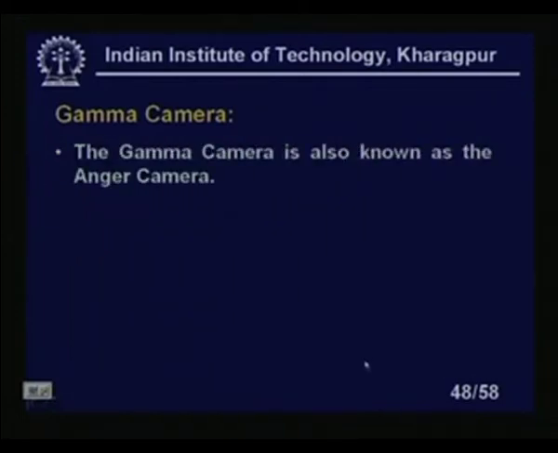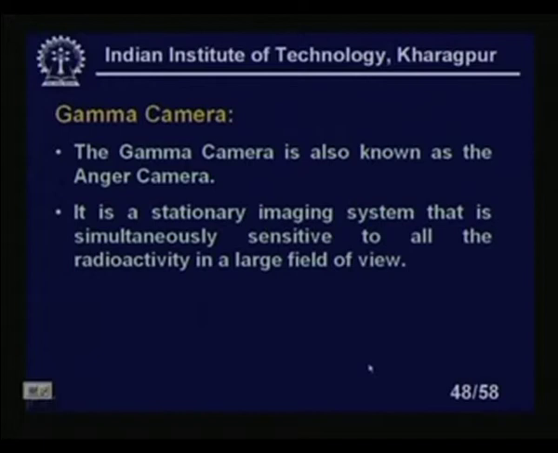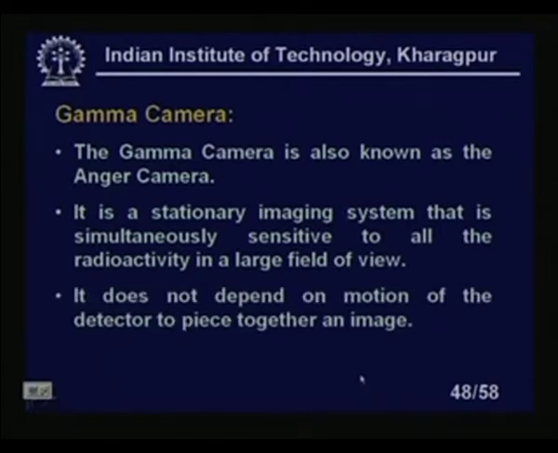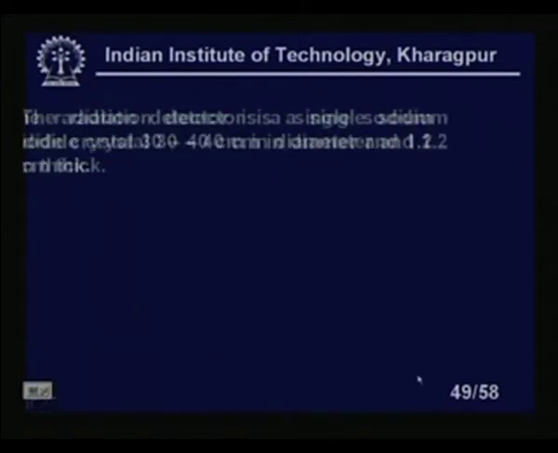Now, the gamma camera is also known as the Anger camera. It is a stationary imaging system that is simultaneously sensitive to all the radioactivity in a large field of view. It does not depend on the motion of the detector to piece together an image, right.